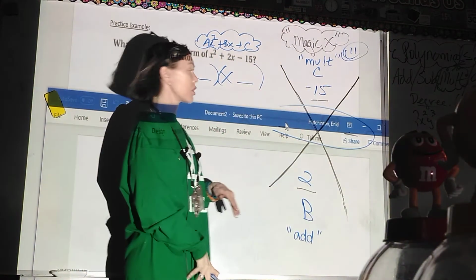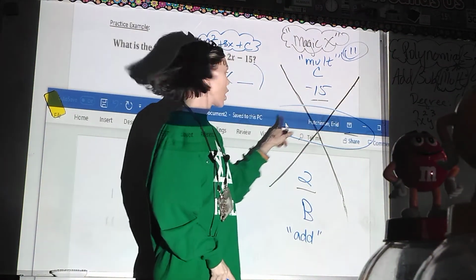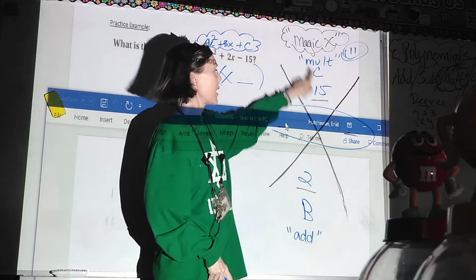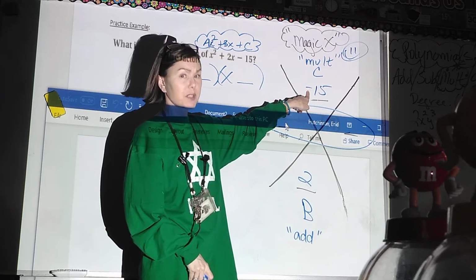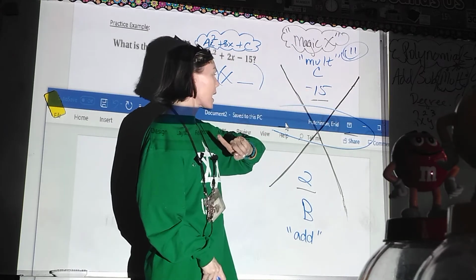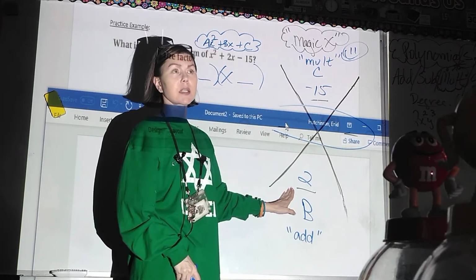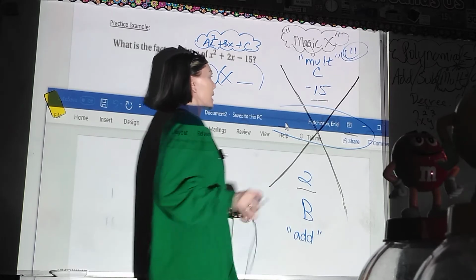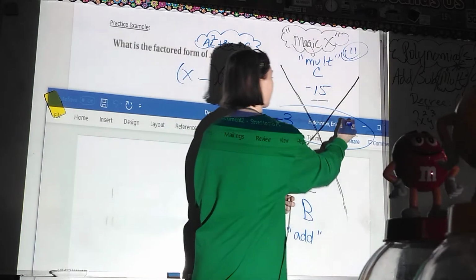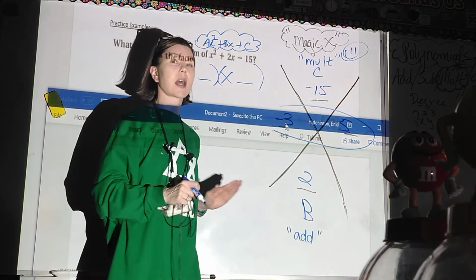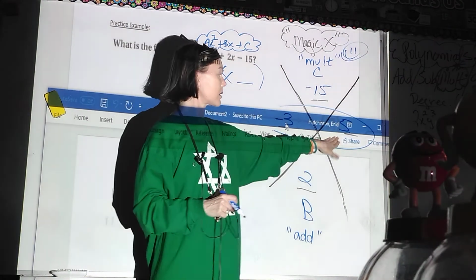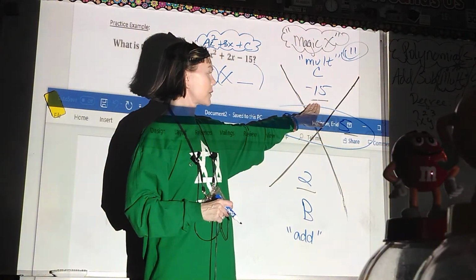We need to ask ourselves, what two numbers, when multiplied together, give us a negative 15, and when added together, give you a positive 2? Well, I'm going to say that's a negative 3 and a positive 5. Let's check it out. Is a negative 3 times 5 a negative 15?